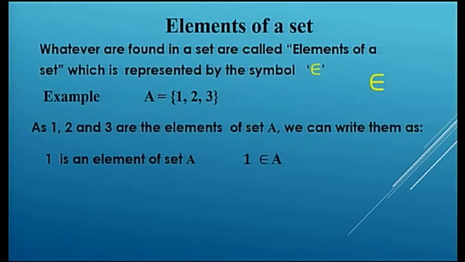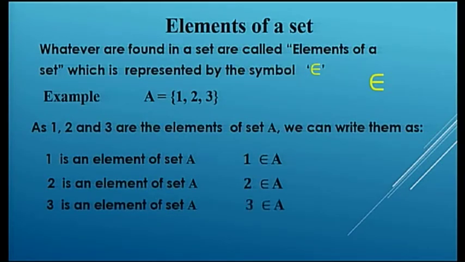Now this is called set notation, where we are saying the same thing but writing it in set notation. We write the number 1, we write the symbol, then we write capital A, which represents our set. Same for 2, which is an element of A. 3 is an element of A.